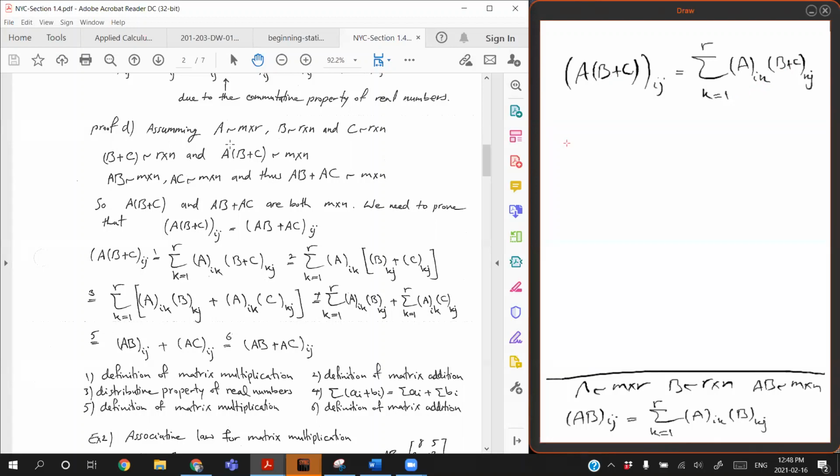Now, next step. I'm going to use the definition of addition. So K from 1 to R, A I K, no change there. There is a definition for this as well.